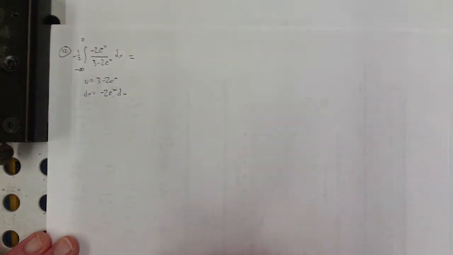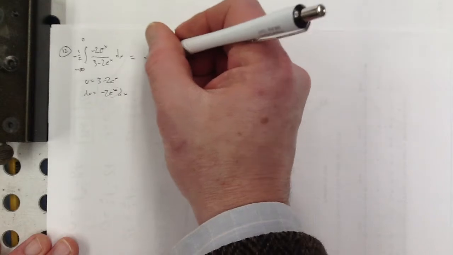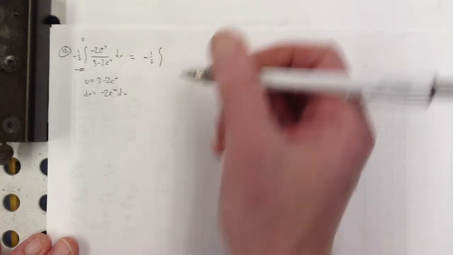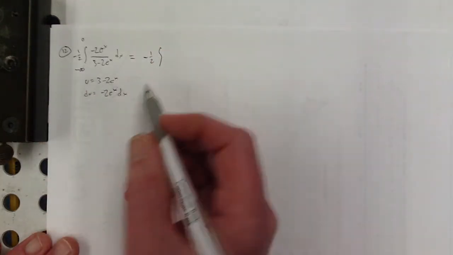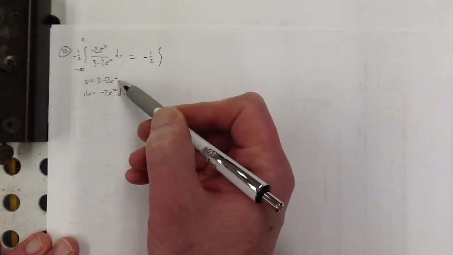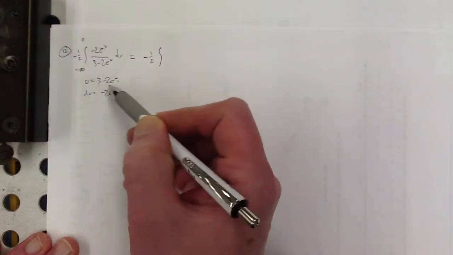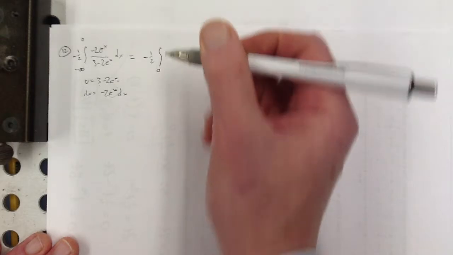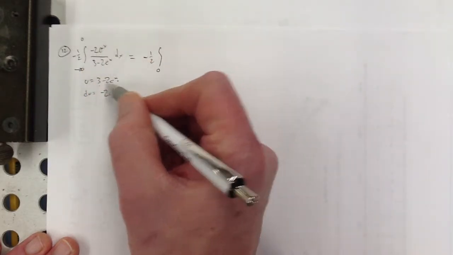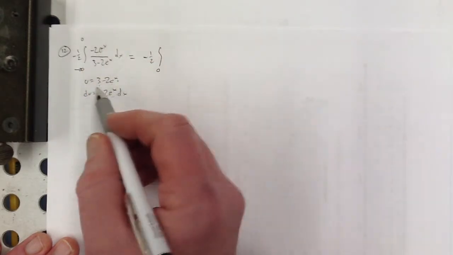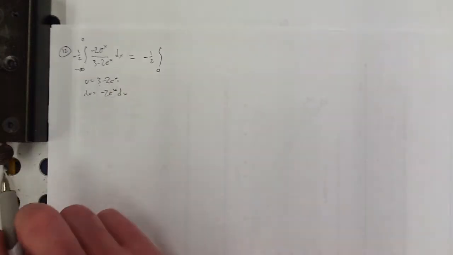Good practice for our u substitutions here, don't you think? So negative infinity here. e to the negative infinity goes to 0, so that'd be 3 minus 0. And then if I plug 0 in here, that's 3, hold on a sec. Back up.